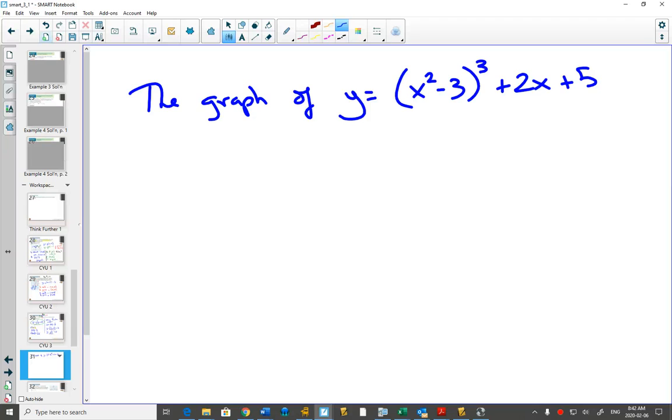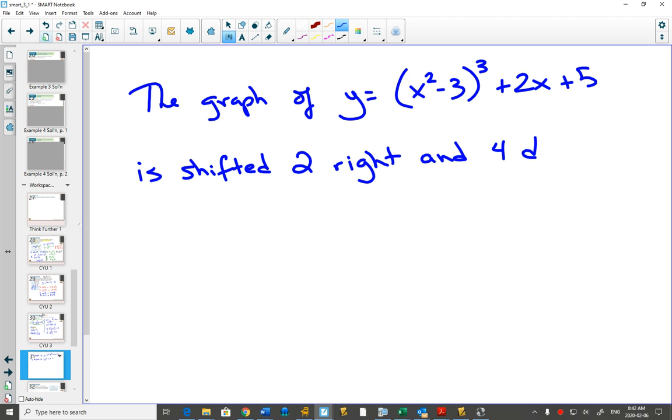Perfect. That's your graph, and it's going to be shifted 2 to the right and 4 down. What's the new equation?